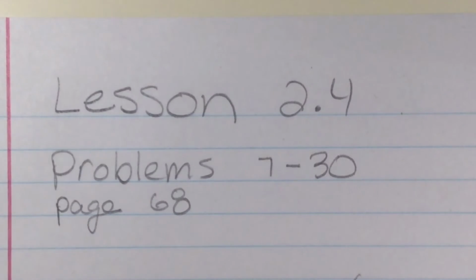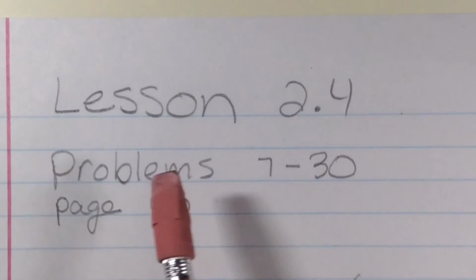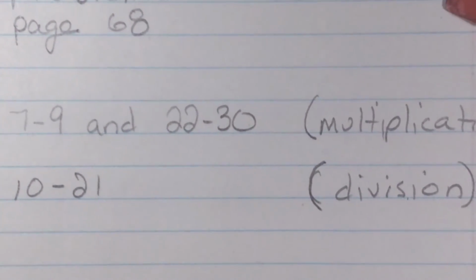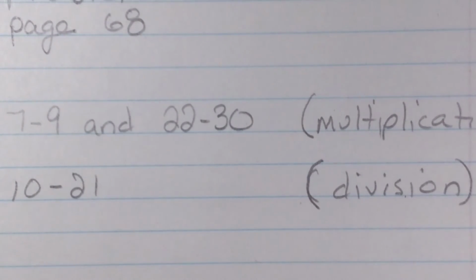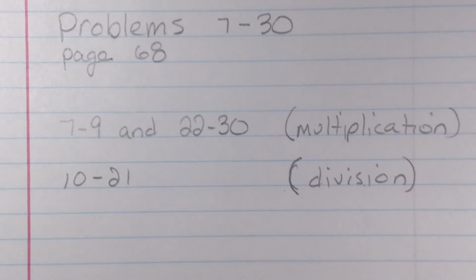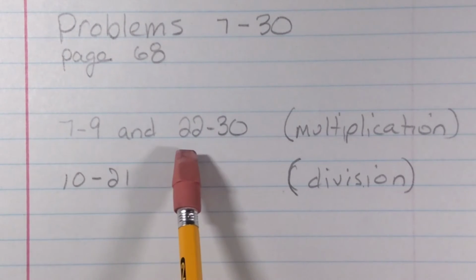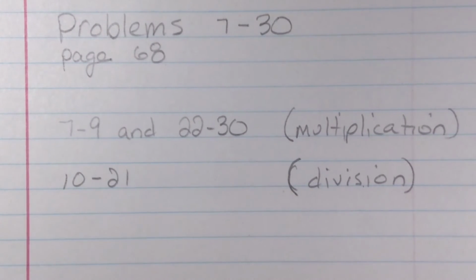Okay, when you're working out the problems for this lesson 2.4, the problems we're going to work out are 7 through 30, which are all found on page 68. But I'm going to have two different videos out there, and the first video is problems 7 through 9 and 22 through 30. These are all of the multiplication problems.